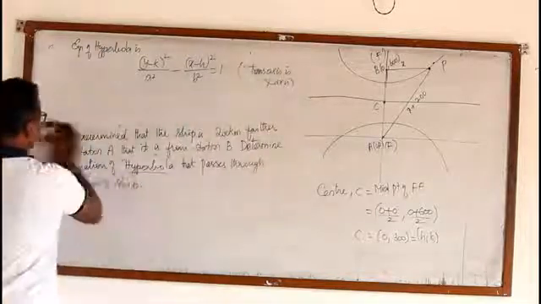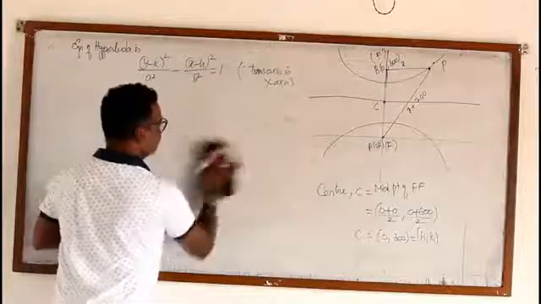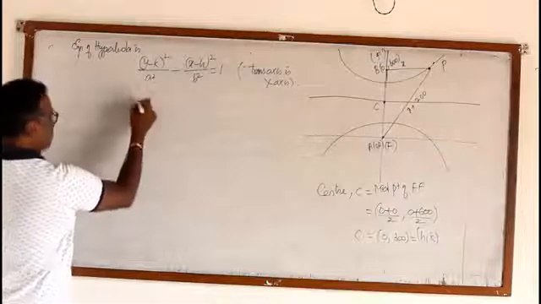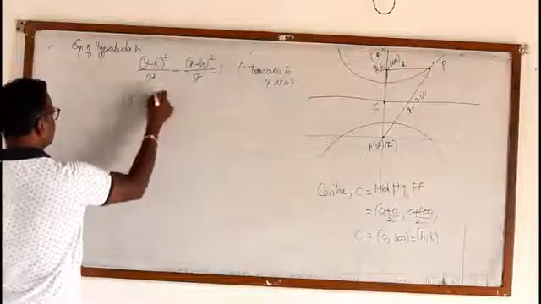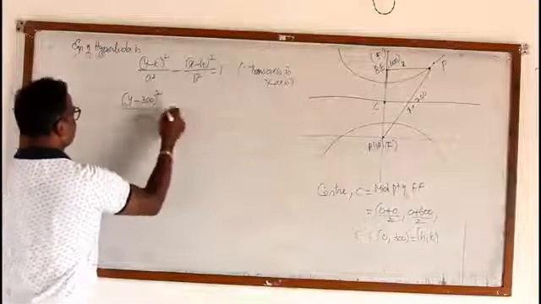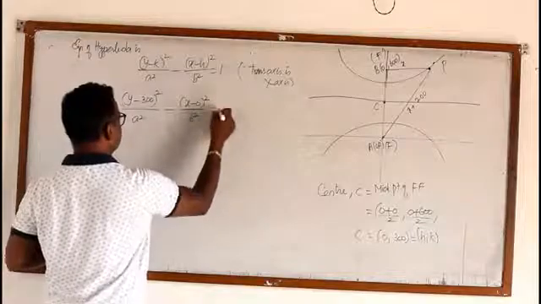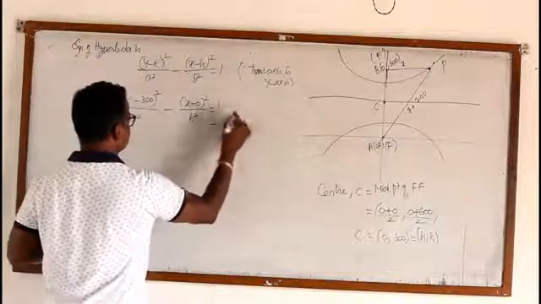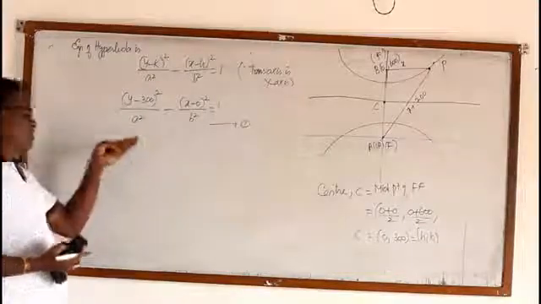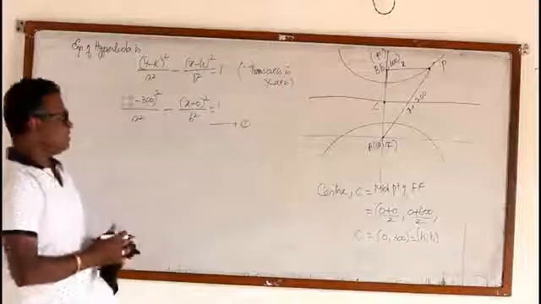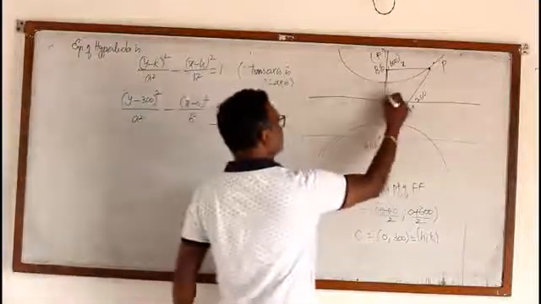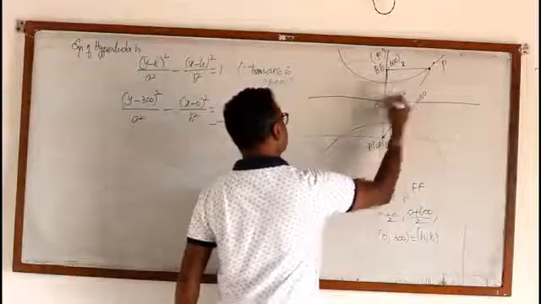We know the center, so we substitute it: (y minus 300) the whole square by a square minus (x minus 0) the whole square by b square equals 1. This is the equation of the hyperbola. So we have to find a square and b square. The center we found as (0, 300).